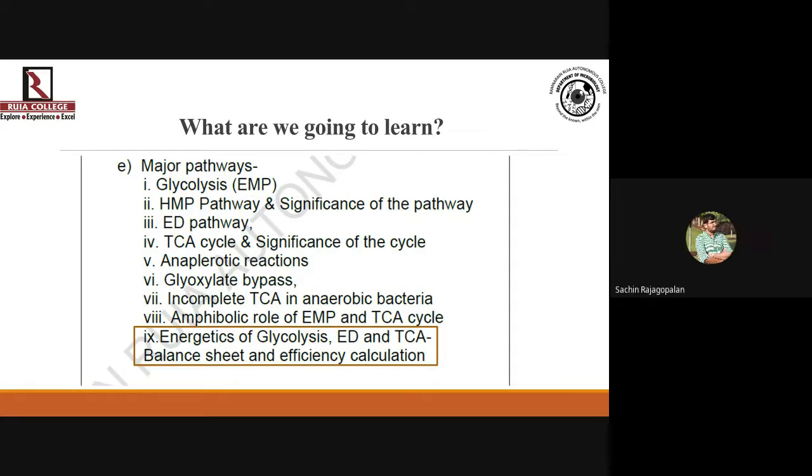Very good. Next. From alpha ketoglutarate to succinyl CoA. How many NADH again? 2. Very good.